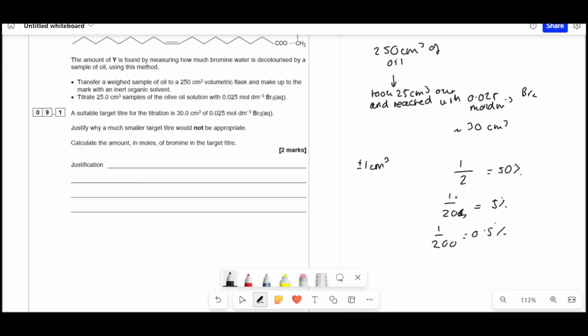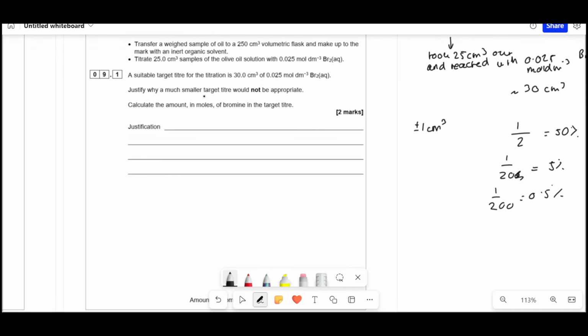And so forth. The bigger the quantity is, the smaller your uncertainty tends to be, because it's just plus or minus 1 cm³ out of like 200 cm³. It's going to have a pretty small impact. So here, a smaller titre increases percentage uncertainty. And this applies to every single experiment you'll ever do.